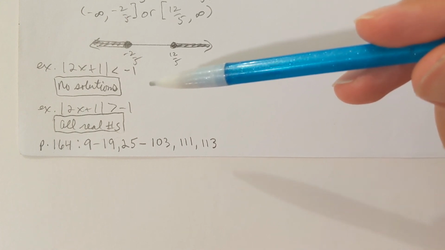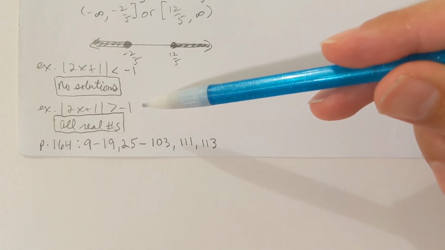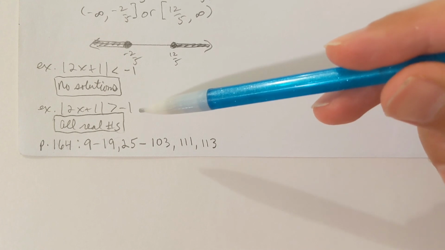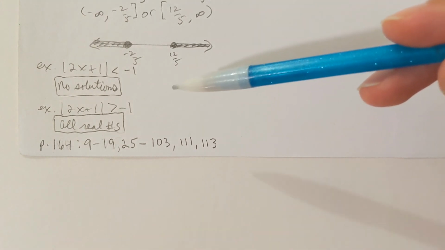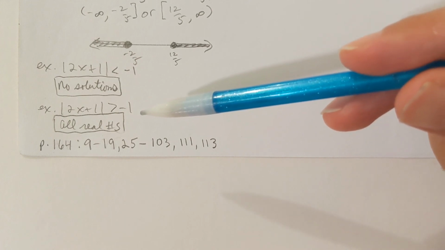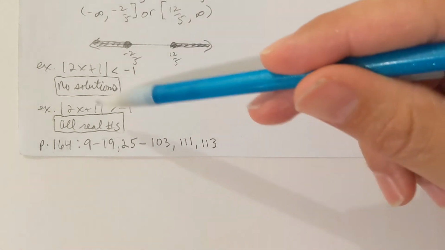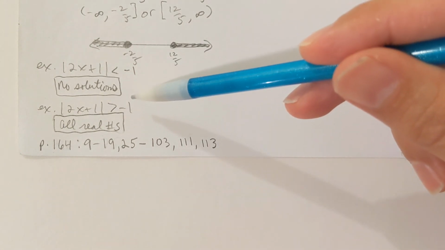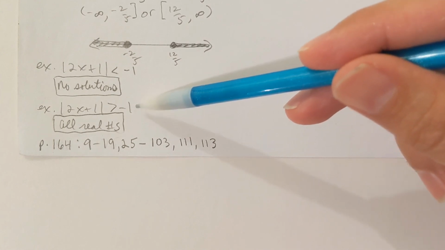So how many non-negative numbers are greater than negative 1? All of them. It doesn't matter what x is. x can be negative 3 or 5 or anything. With the absolute value bars, you always have a positive number on the left, and all positive numbers are bigger than negative 1.